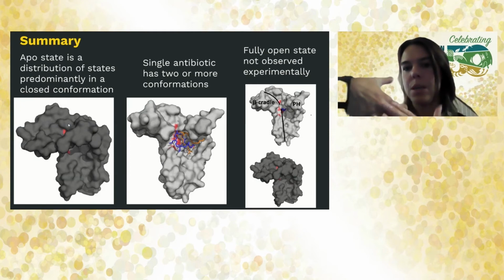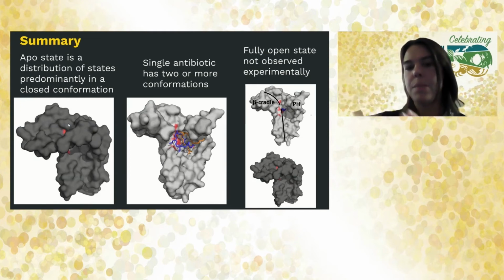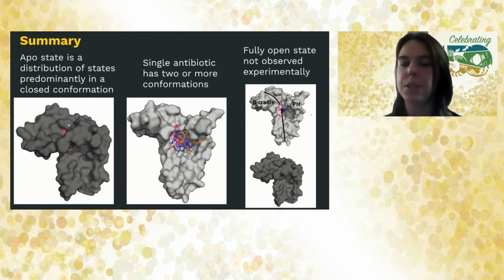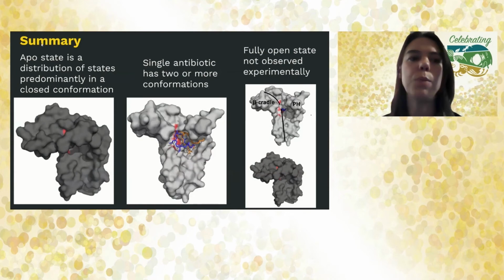The antibiotic just has to shift a little bit, and the helix comes down a little further into the groove. Then there's another fully open state that's captured in the MD, but so far we haven't seen it experimentally.